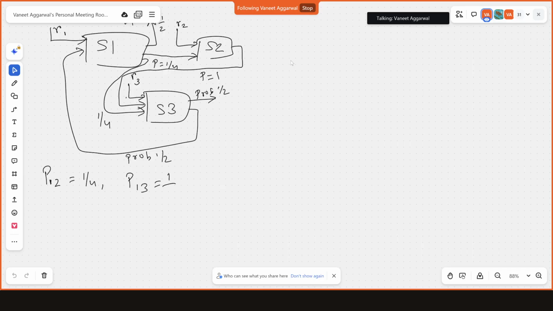P 13 is 1/4. P 23 is 1. P 31 is 1/2. The rest are zeros. It can also go to itself, so 3 could also go back to 3 with certain probability. Does this setup make sense?